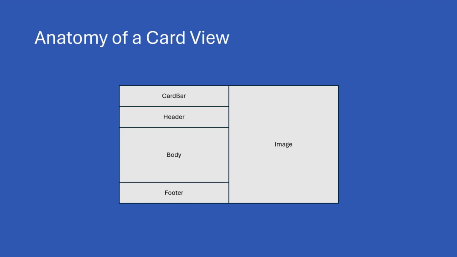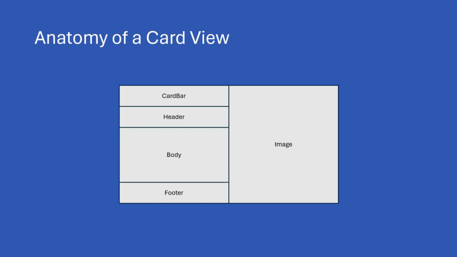The component-based card design is based on a set of predefined elements in the UI of the card view. There is the card bar at the top, where you have the icon and the title of the card. There is the header, where you can have a specific title or content for the card itself. Then you could have the body, and in the body of the card, you might have additional text, or a text box to collect input from the user or other stuff like that.